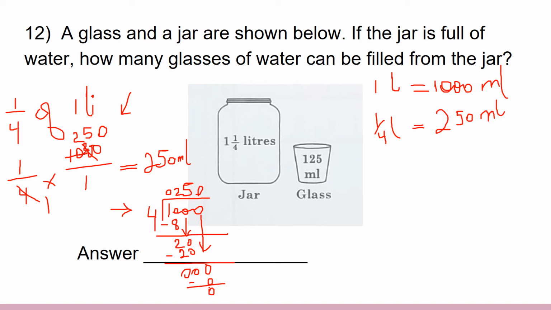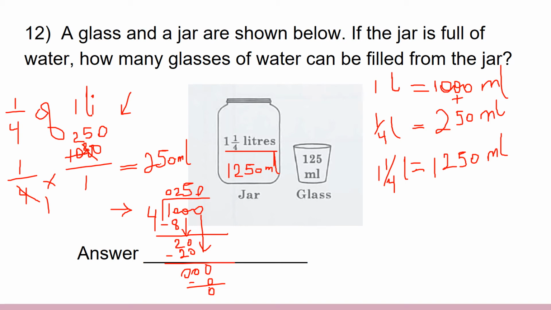So 1 1/4 liter is how much? 1 1/4 liter will be equal to, we need to add, 1,250 milliliters. Now that we know how many milliliters we have here, which is 1,250 milliliters, how many glasses can we get?